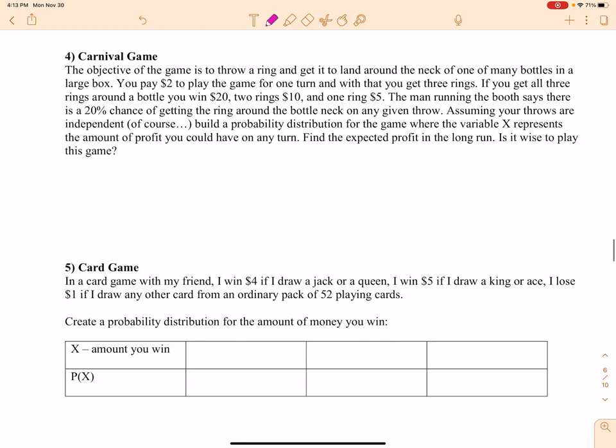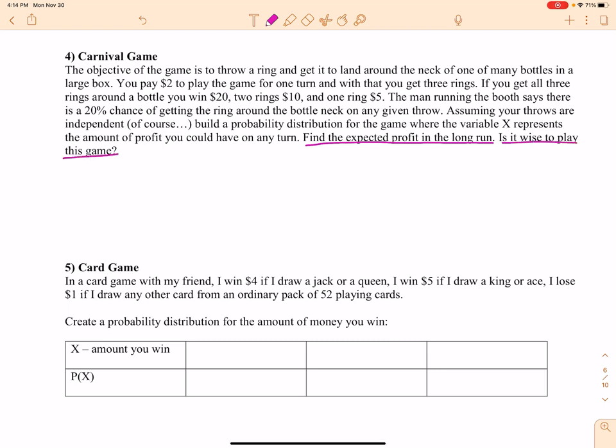Now we're going to look at the carnival game. This is where things get interesting. Okay, so take a moment to pause this and read the situation so that you'll know what's going on. And then I'm going to show you how to create the probability distribution, because you'll notice that you're finding the expected profit in the long run, and then you're asked, is it wise to play the game?